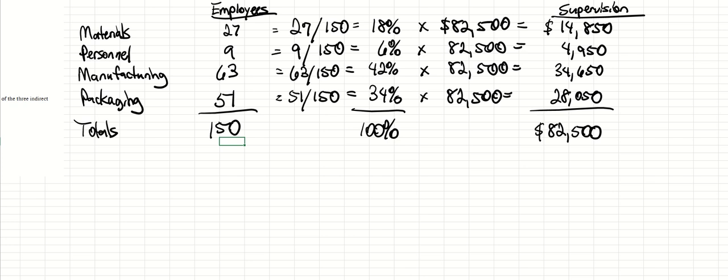Okay, so what does this tell us? Out of $82,500 of total costs that went towards supervision, $14,850 went to materials department, $4,950 went to personnel department, $34,650 went to manufacturing, $28,050 went to packaging. That's what that tells us.